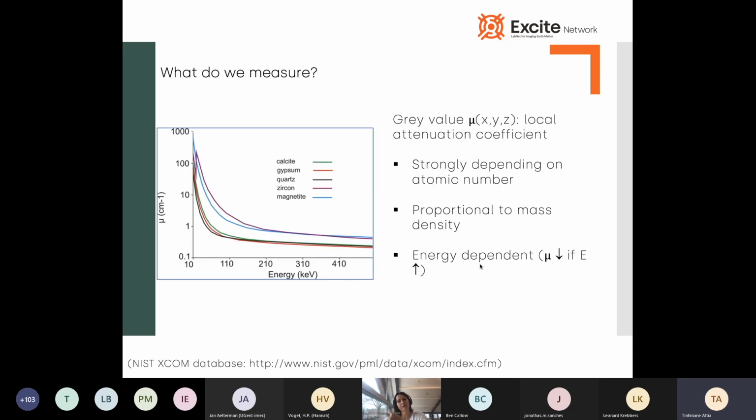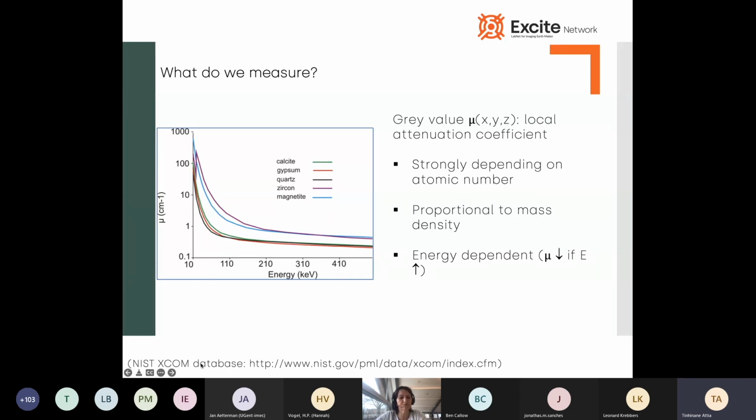So what can we measure? I already said that the attenuation coefficient is strongly depending on the average atomic number, the mass density, and also the energy that we are scanning with. And if you look at this graph on the left, this is something you can calculate for whatever material you want to investigate with CT.